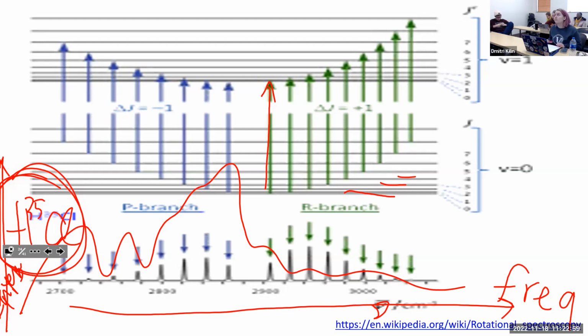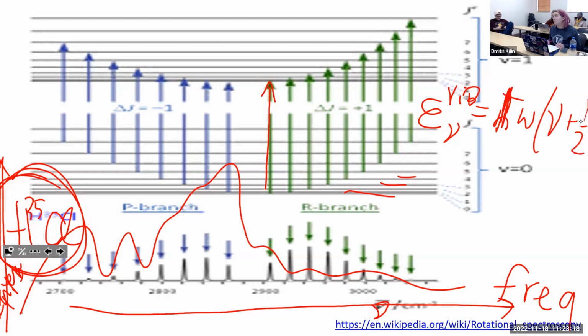What is the energy E sub mu for vibration? Like h bar omega (mu plus 1/2). Do you remember, right?